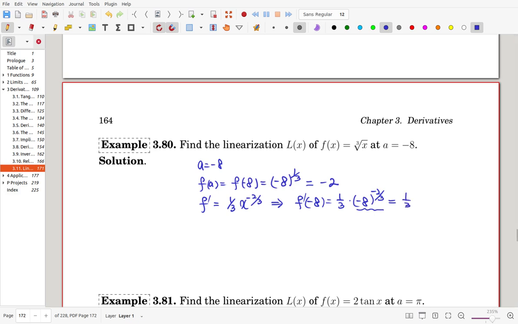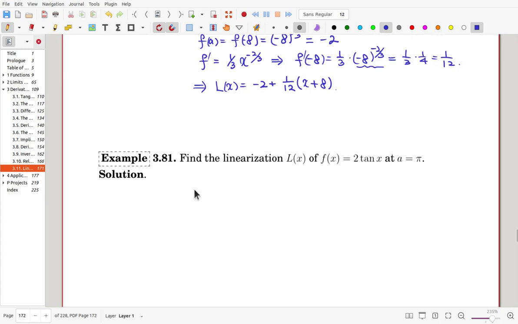So 1/3 times 1/4 is 1/12. So the linearization is f(a), which is minus 2, plus f prime at a, which is 1/12, times x minus a, which is x plus 8. That's the final answer.